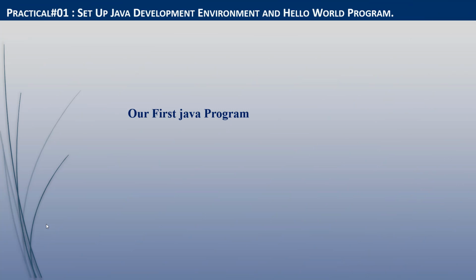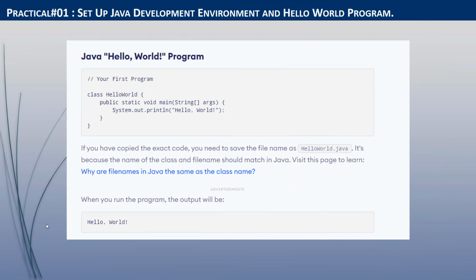Now we need to write our first Java program, and Java is a pure object-oriented programming language. One thing is that the file extension needs to end with .java, and we will just create a class.